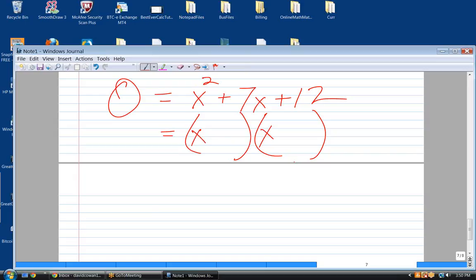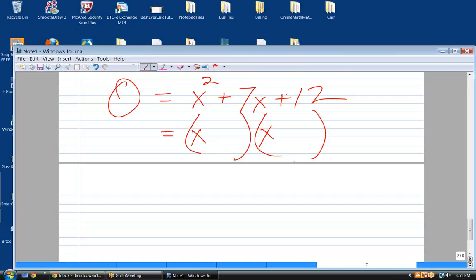What's the next thing we do? The next piece I'm going to want to do is do the little square thing, and so you'll get 3 and 4. Plus 3 plus 4. Okay. The next thing I do, now I know that everybody has their own method, but I examine the sign on the 12.